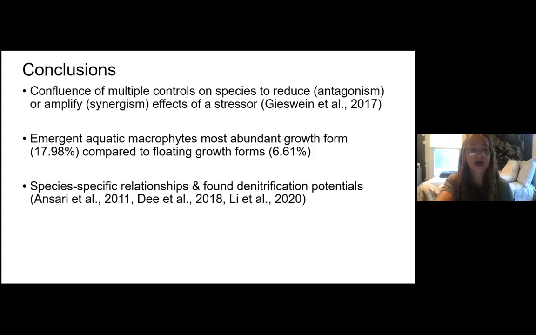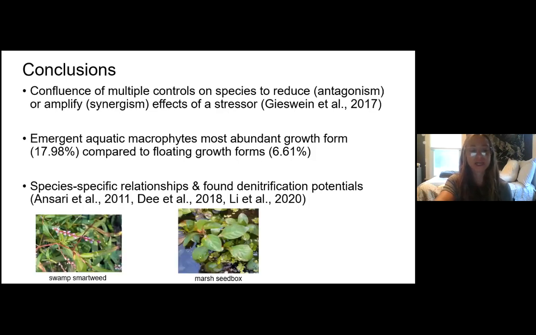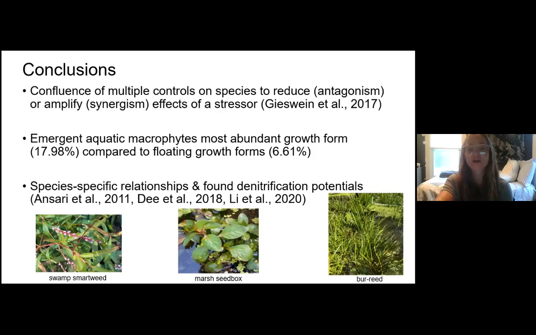And finally, there were some very significant species specific relationships that were found that could be helpful in further bioremediation. These species that you can see at the bottom of your screen here were found in other studies, the studies that are listed on the last bullet point.